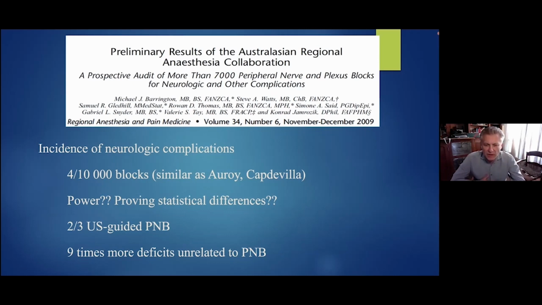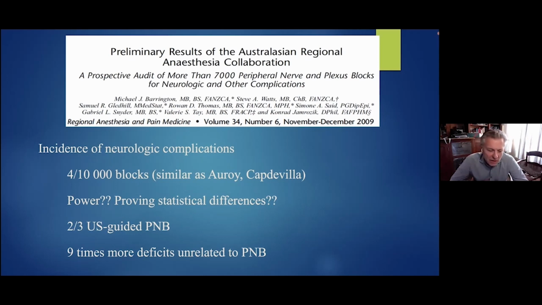But here there is some kind of problem. What is the power of this study when you see that you have 4 in 10,000 and they only performed 7,000 blocks? Can we have a statistical difference when we have a rare complication, an incidence that is very low, and actually not too many patients?